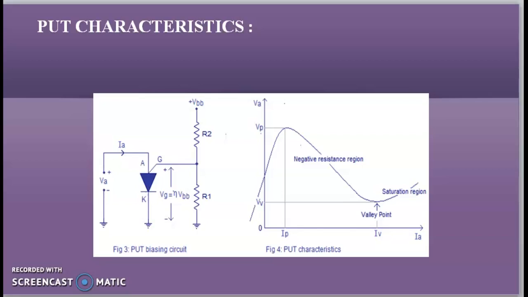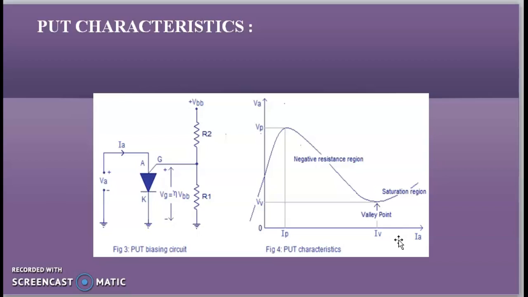Beyond this point, the anode current increases and the anode voltage decreases. This is the negative resistance region of the PUT, which is similar to that of UJT.